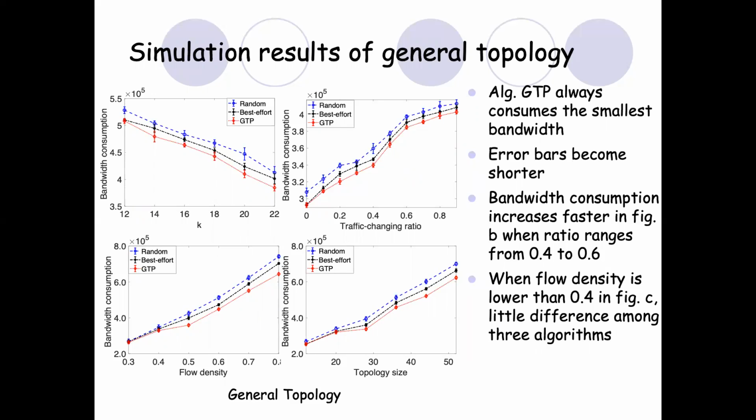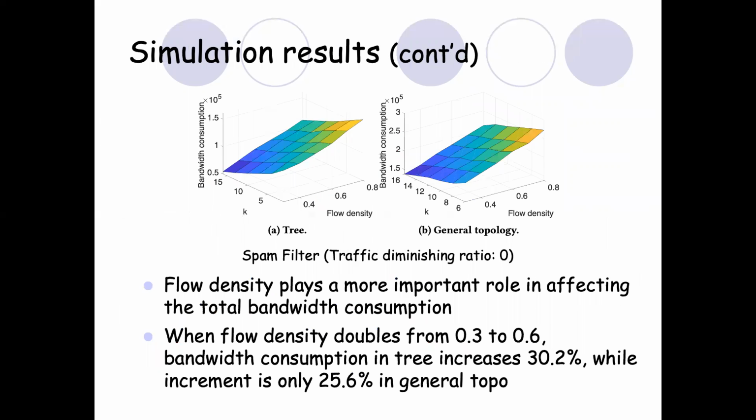When the flow density is lower than 0.4 in the third figure, we see little difference among the three algorithms.